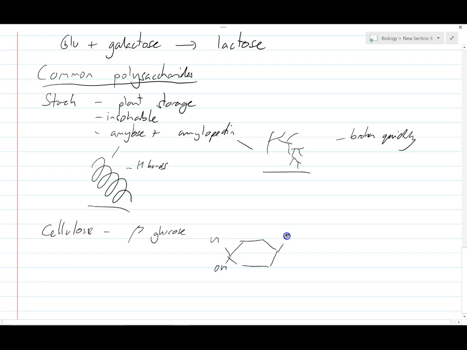HOH, but it has the OH and the H different here, as I mentioned earlier. So what does that mean in terms of its structure? Well, if you think about cellulose uses, cellulose is found in cell walls. Cell walls need to be strong, they need to be rigid.